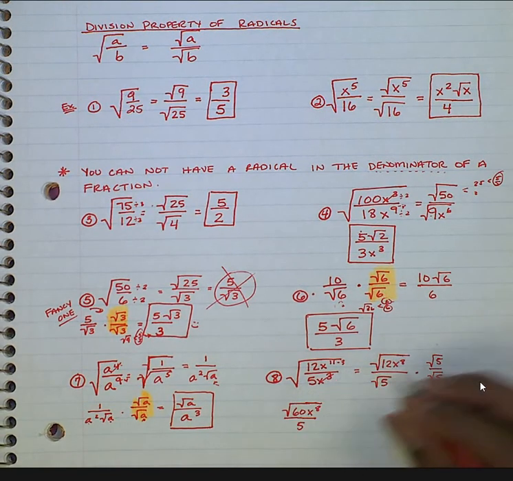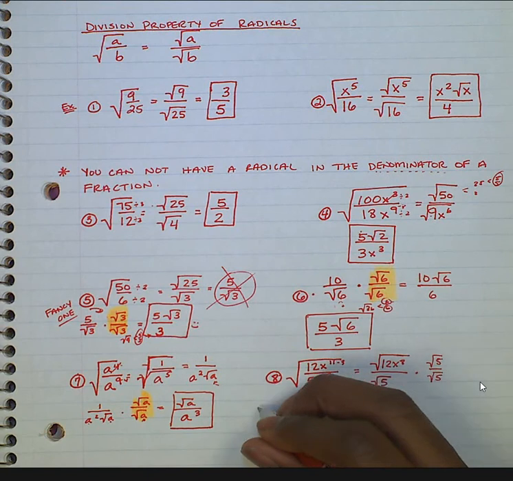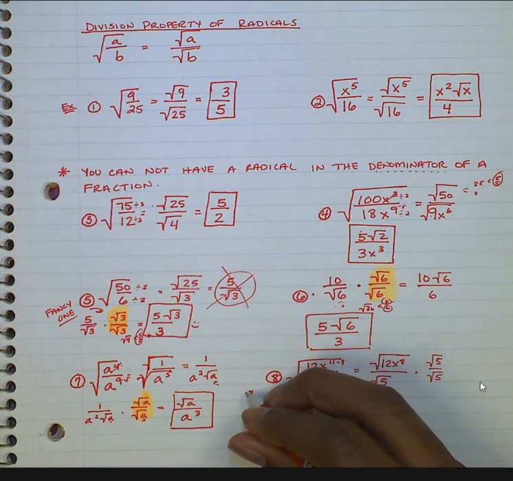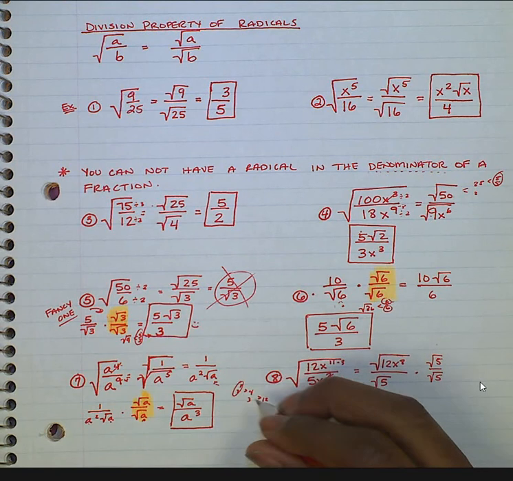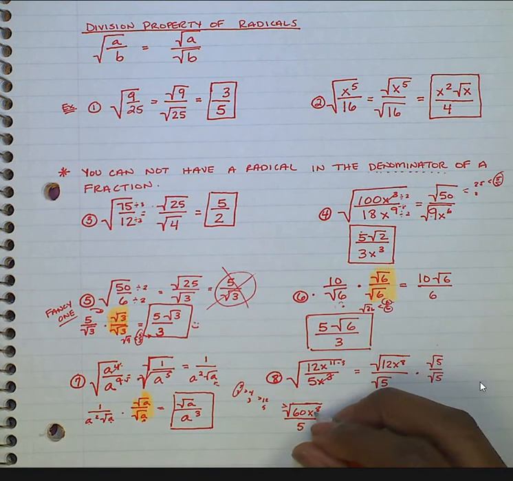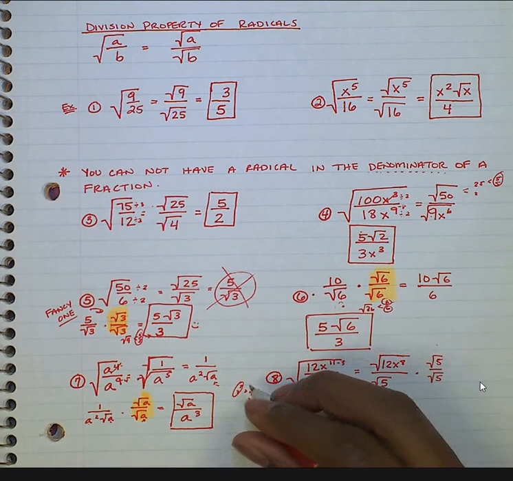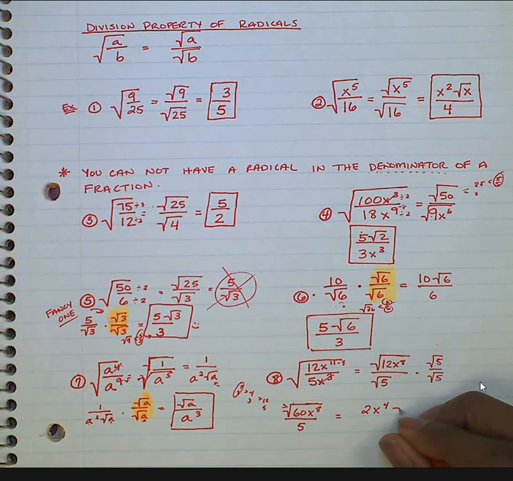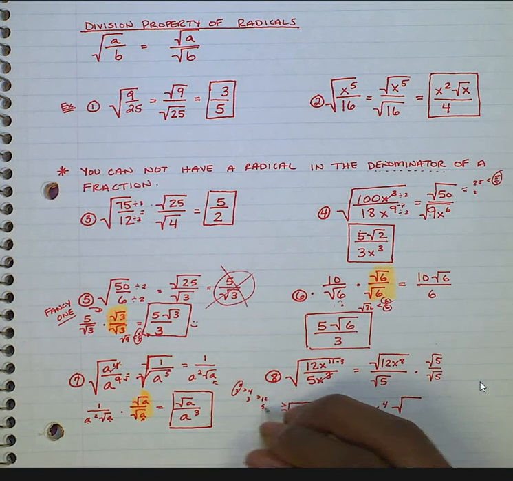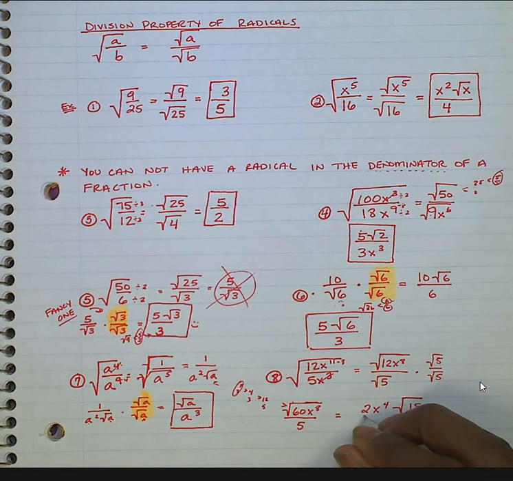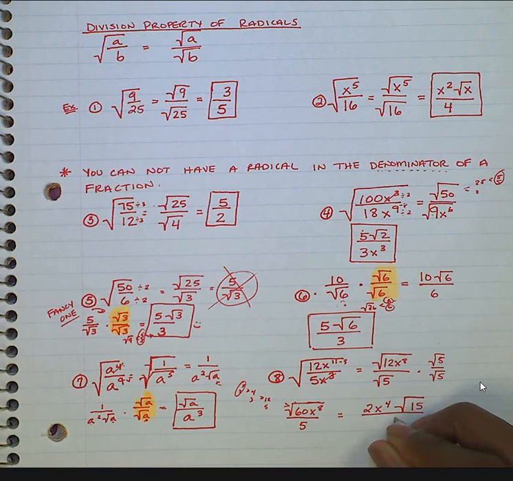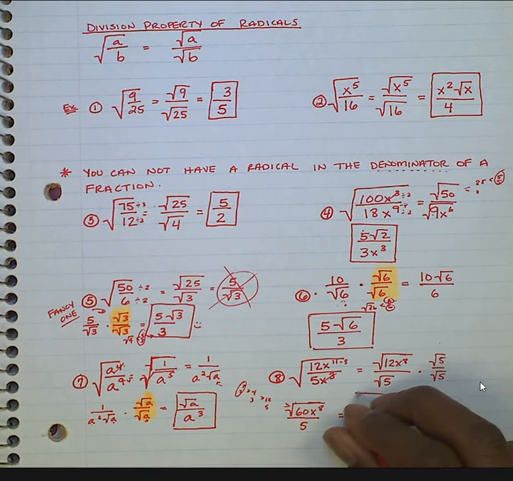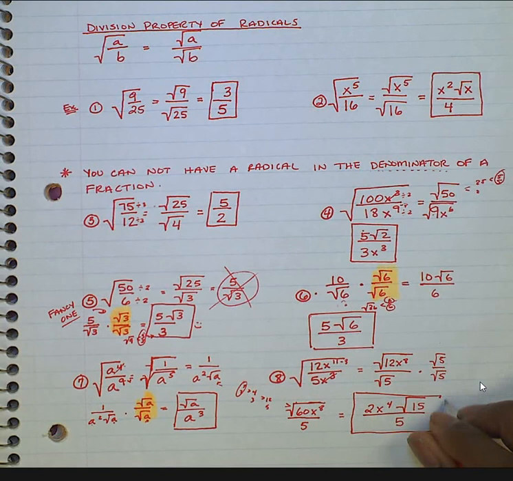And so when I do that, 60 breaks down into 12 and 5, 4 and 3, 2 and 2. And then x to the 8th, I have 4 pairs of x's. So I have a pair of 2's, 4 pairs of x's, and then what's not out was 3 and 5, so I have 15 over 5. Nice. Alright, and so that's my answer.